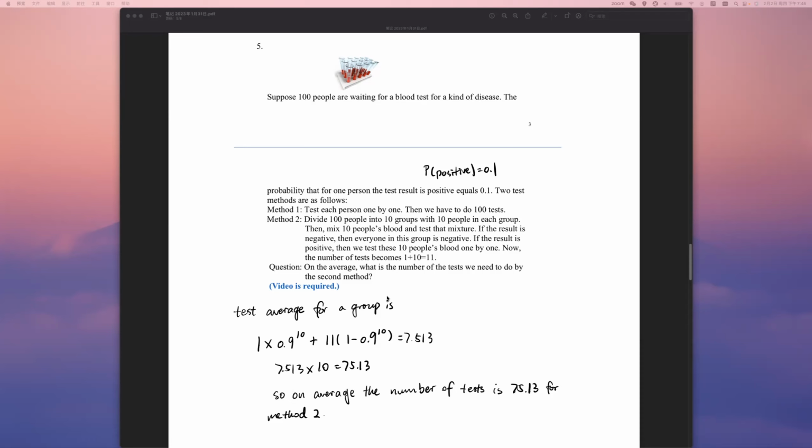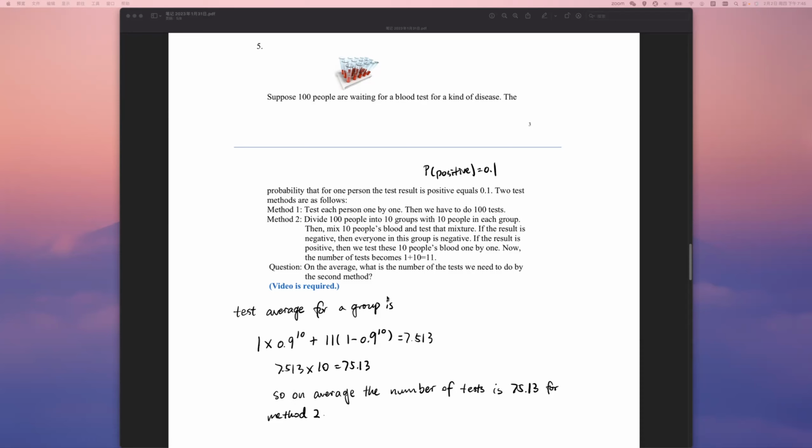So in total, it should be 7.513 times 10, which is 75.13, the average number of tests needed for 100 people.